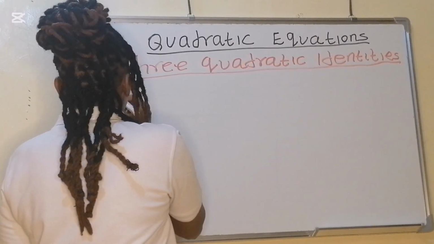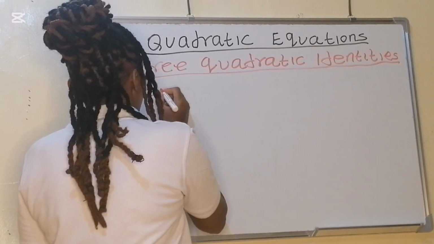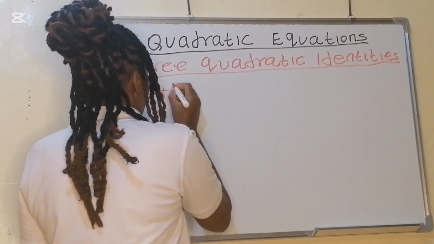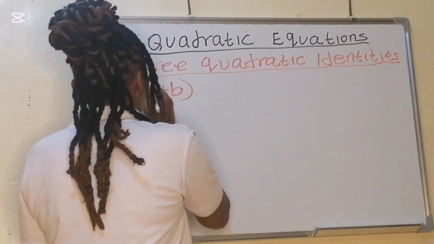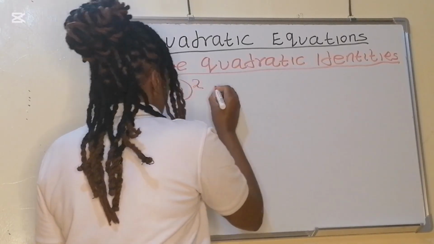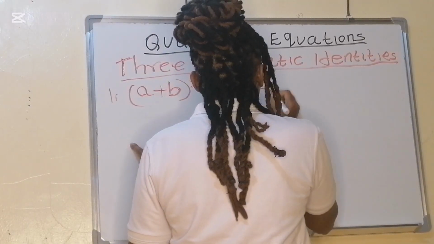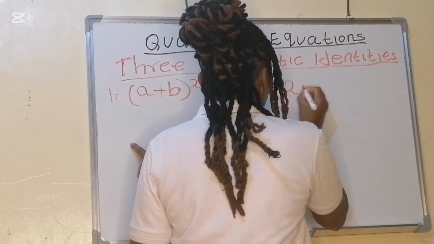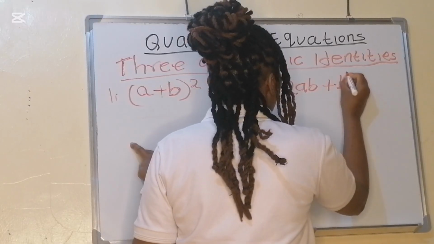The first one, a plus b squared, is a squared plus 2ab plus b squared.